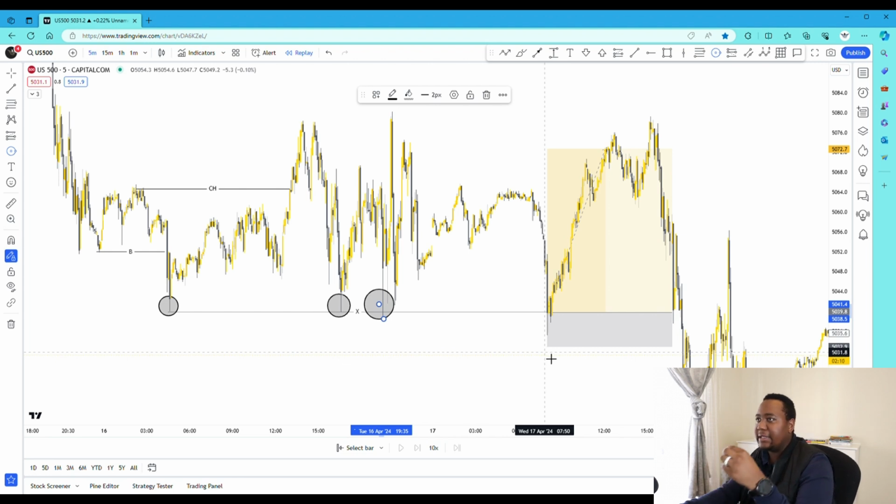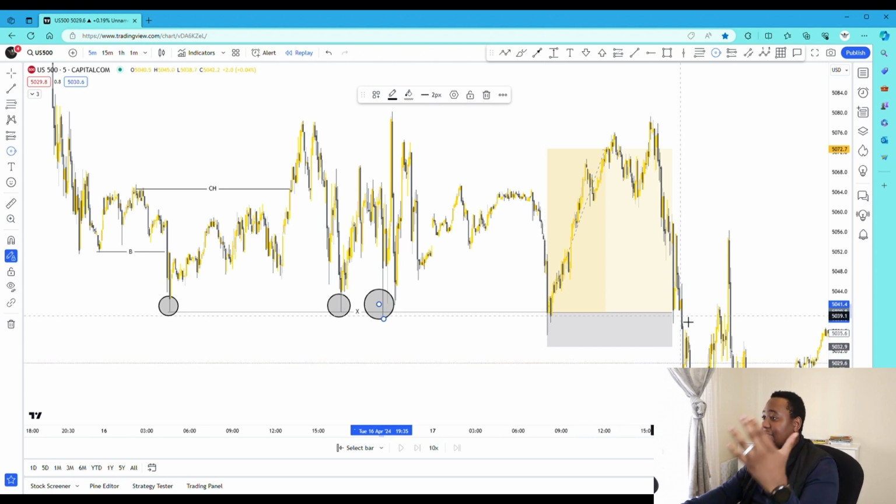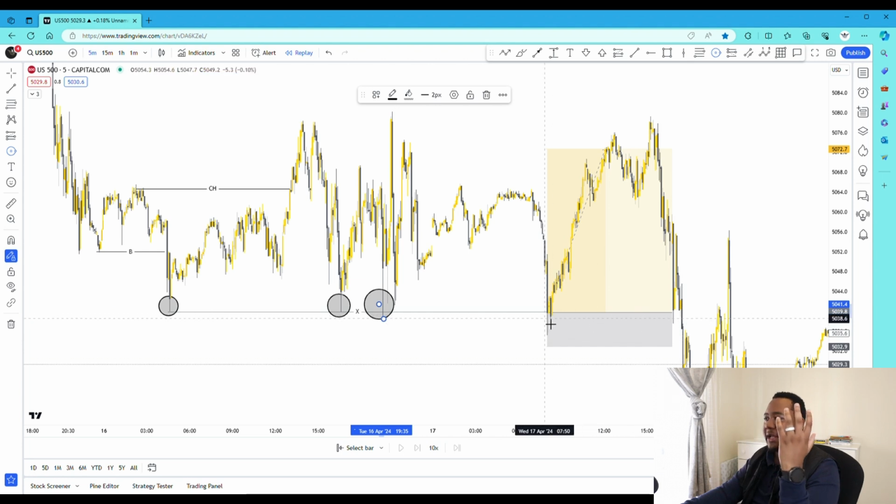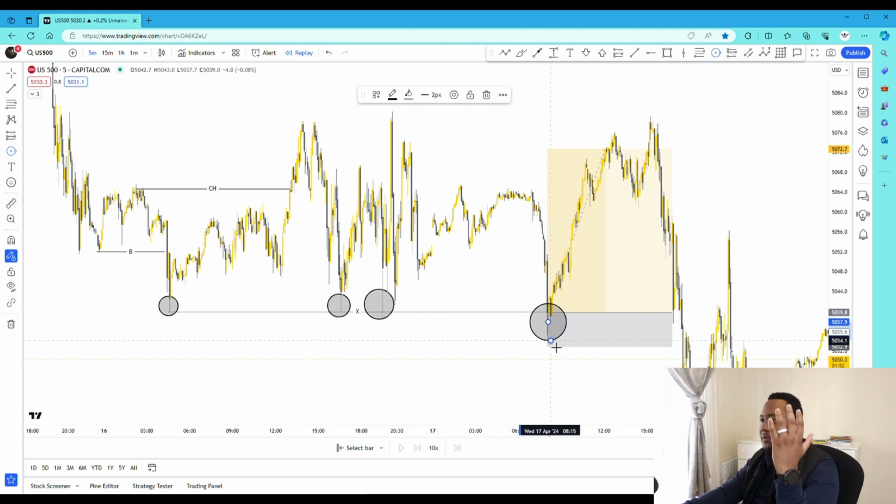So the second technique that I'm teaching you guys is called silver bullet, famously taught by ICT, but of course I add my own spin around it in order to really get my own confirmation, right? He doesn't teach it the same way I teach it. And as you can see, once the market swept this, I know for sure that we're just going further up in terms of just buying over there, because I targeted this areas just slightly lower.